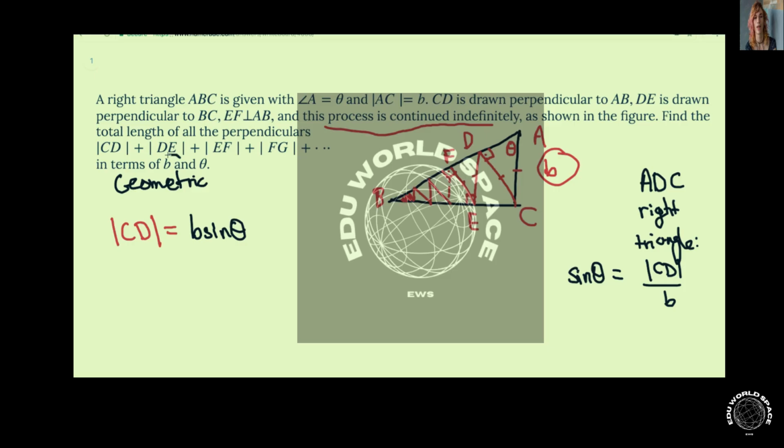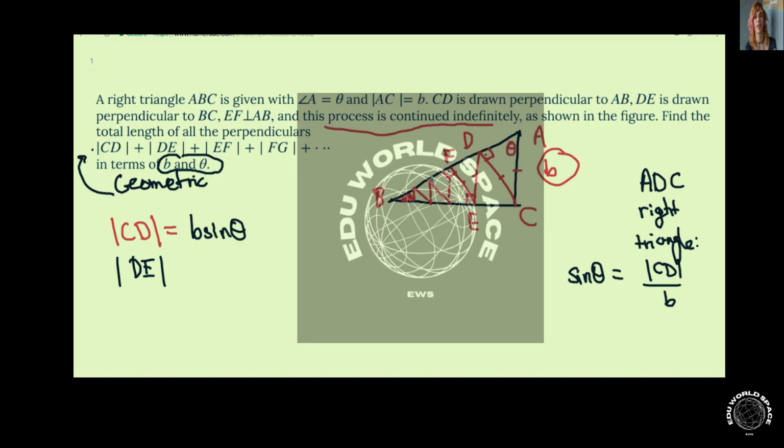We want to first express all of these red lines in terms of B and theta, and then we'll come back and add the sum. So first, we're just trying to see what kind of sum it is. Let's go ahead and find a few of these red lines. The next one would be DE.